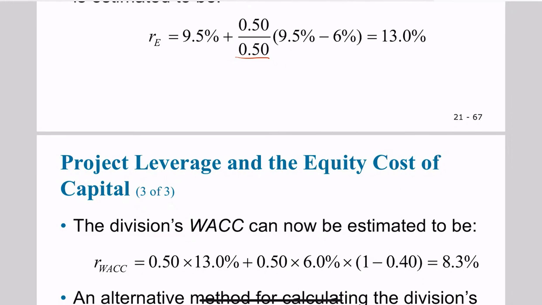And then we will use that unlevered cost of capital as our project's unlevered cost of capital. Why could we do this? Well, the reason is because these firms are comparable. It means that these firms have comparable business and comparable business operations.